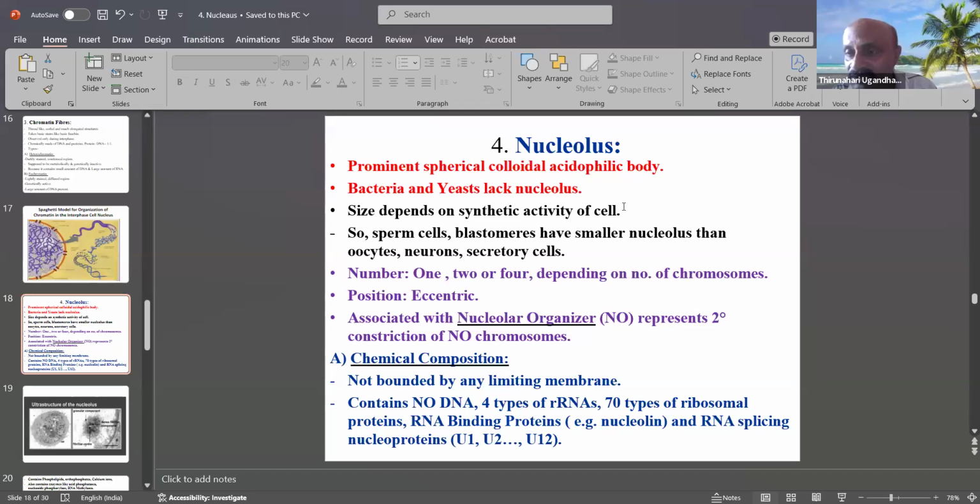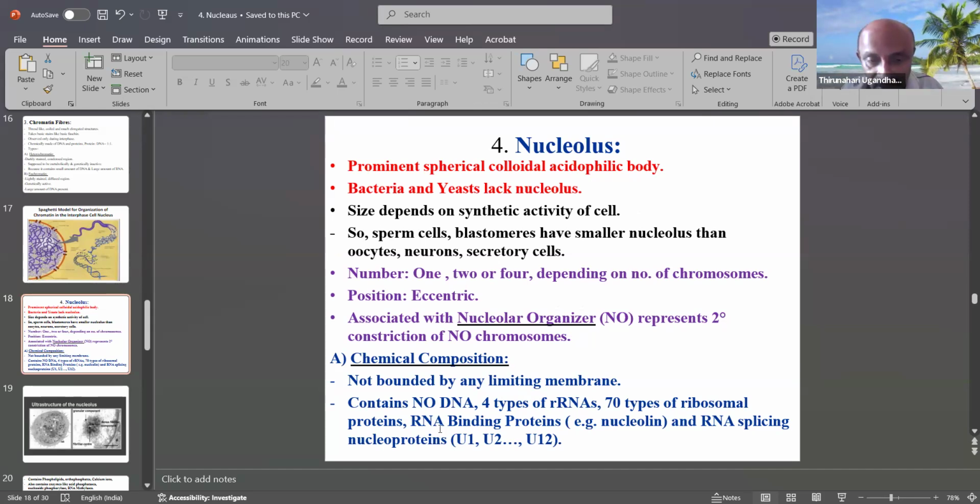It can differ, and the size is also different. Then the location, the place, is also different from cell to cell or nucleus to nucleus. Then the chemical composition of the nucleolus: it is not bounded by any limiting membrane.